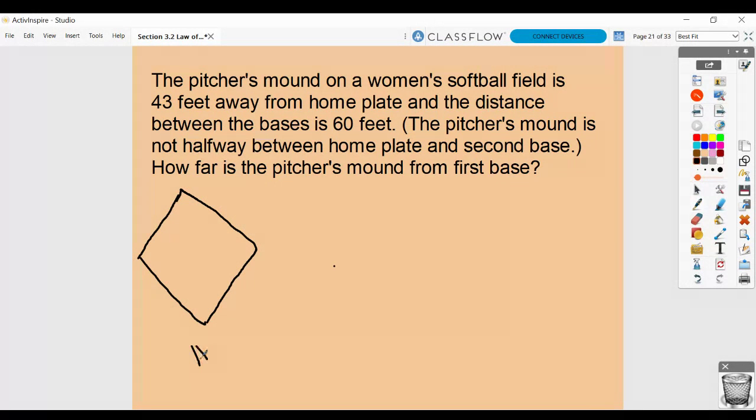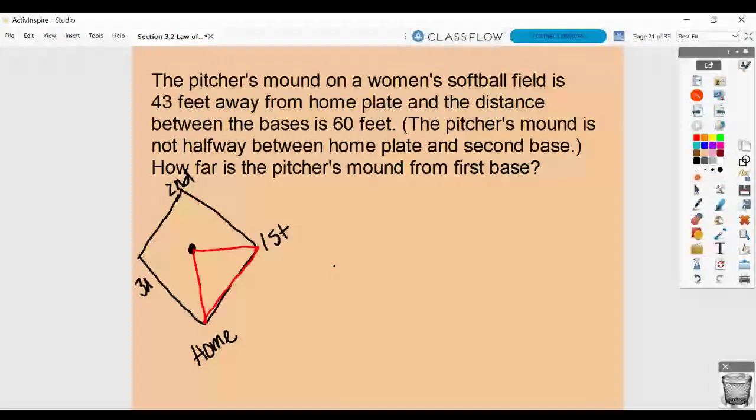Okay, so here is home plate. Here is first base. There's second. Okay, and then there's third. So here is the pitcher. So our triangle will be that.